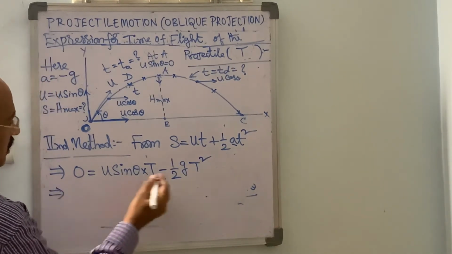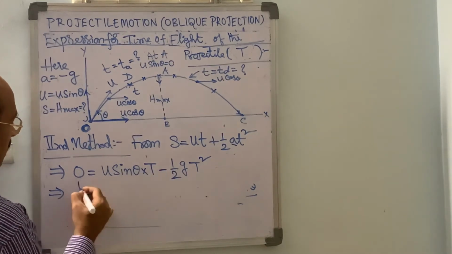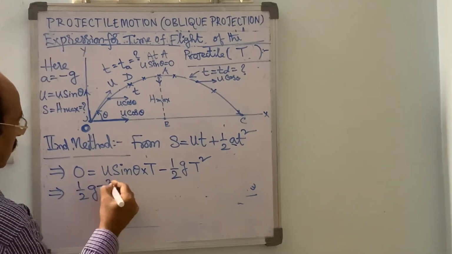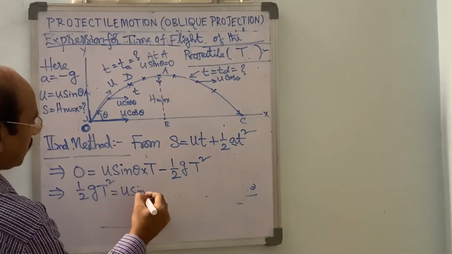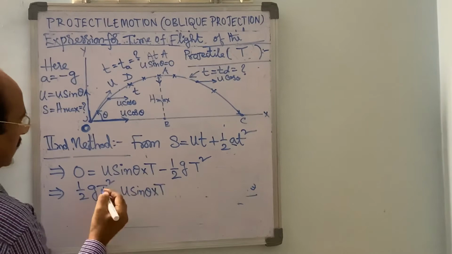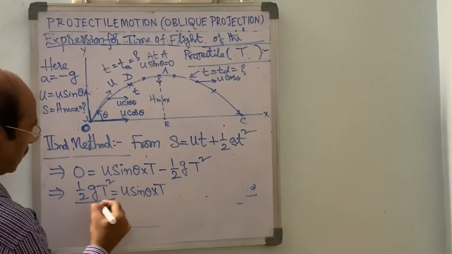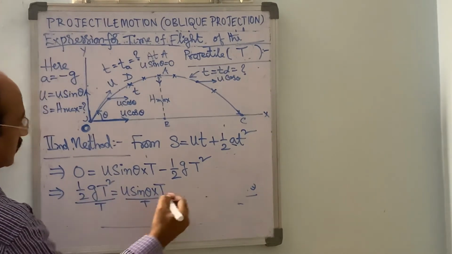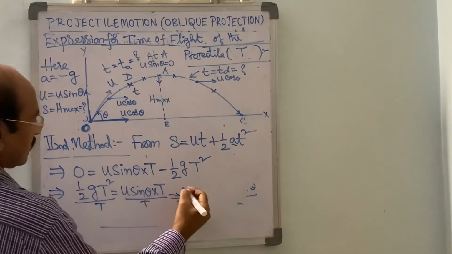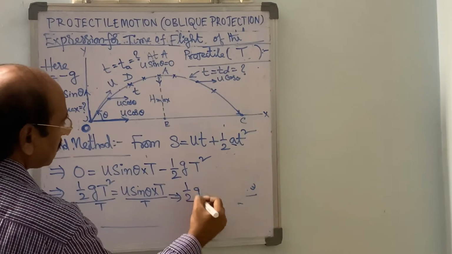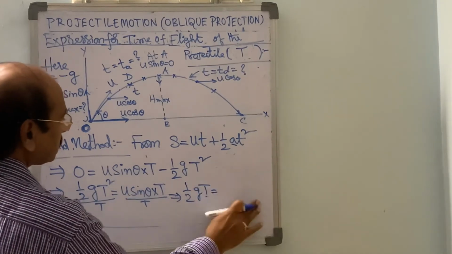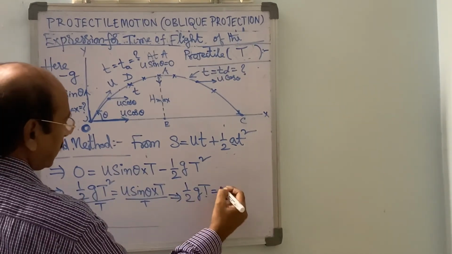So from this expression, half gt square is equal to u sin theta into t. When we divide by t on both sides, we get half gt is equal to u sin theta.